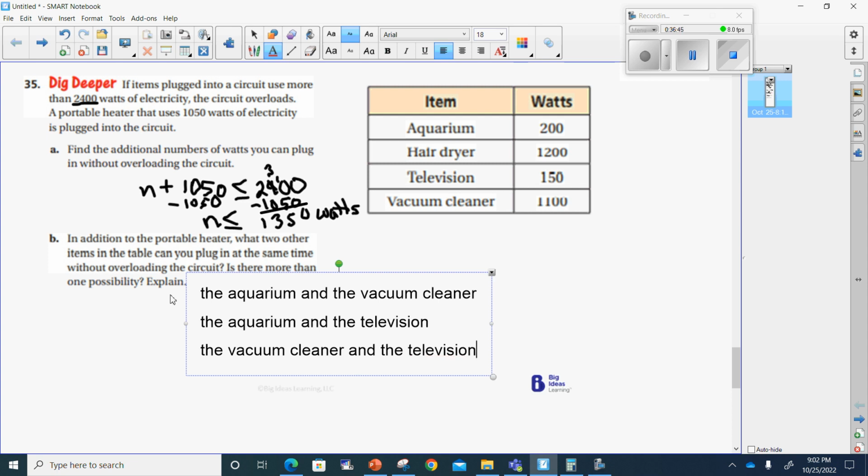And if we look carefully, since we can get up to that, right? It says we can't go more than it, but we can get up to it. We could even take the hair dryer and the television. It will only be 1,350. So the hair dryer and the vacuum cleaner.